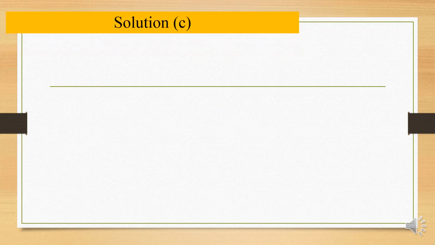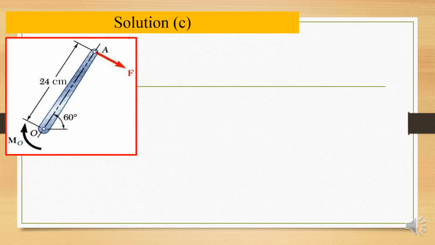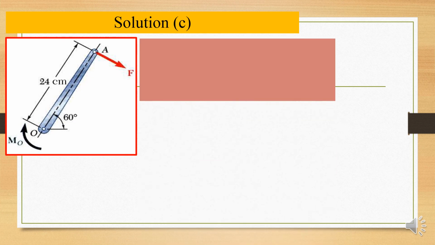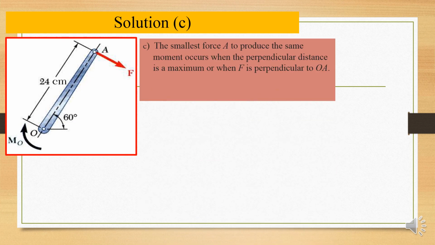Okay, so now let's continue with question C. The question asks you to determine the smallest force at A to produce the same moment that occurs from question A and question B. So we want the same value and the same direction of the moment.